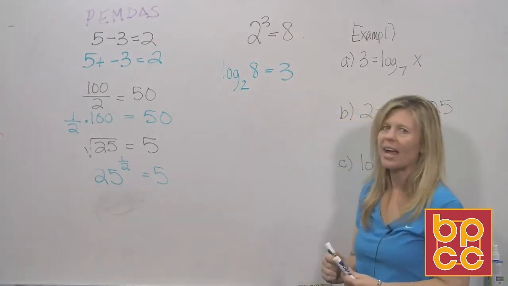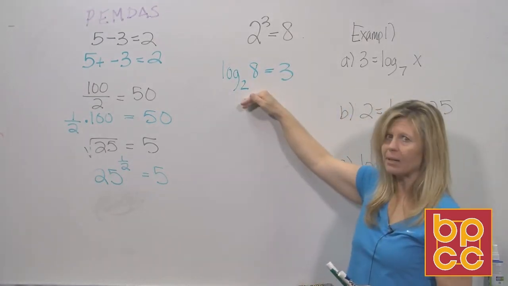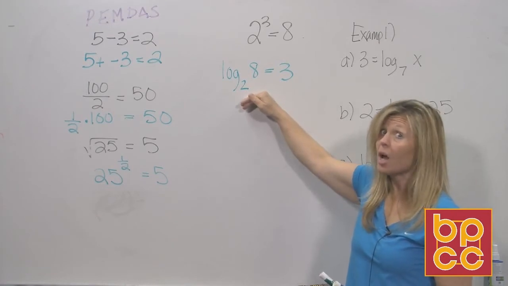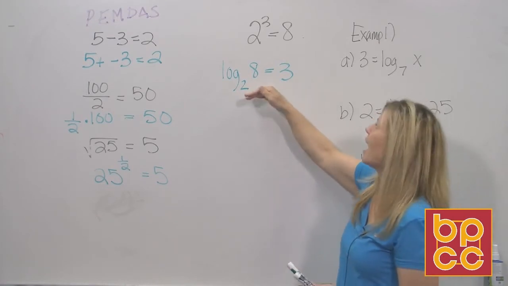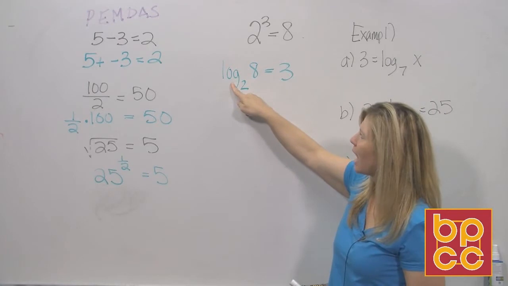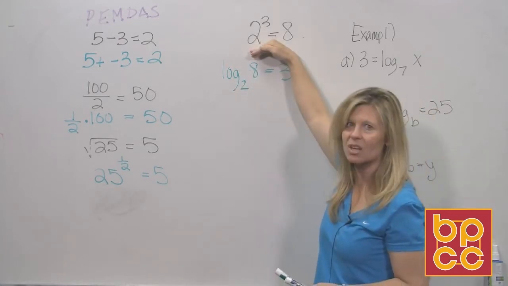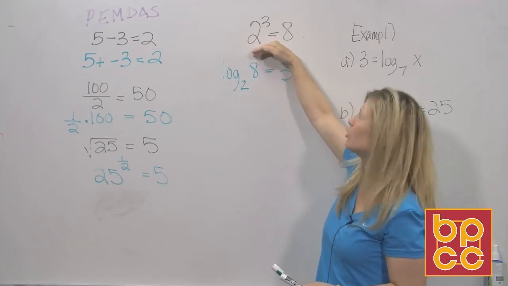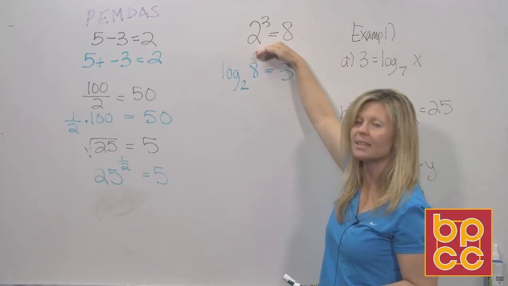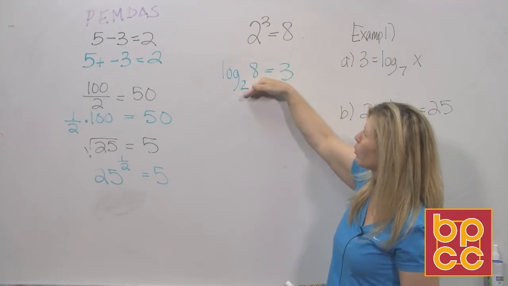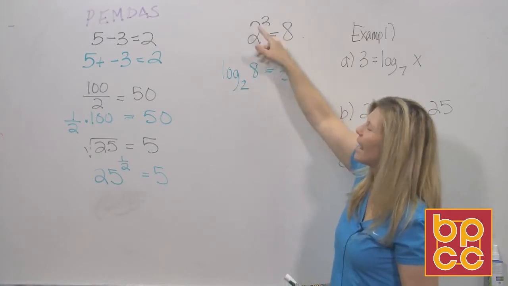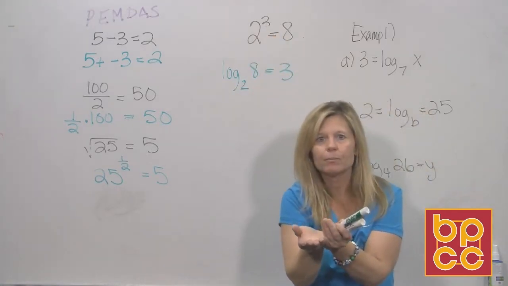Now I know what you're saying. I don't have a clue what that means. It's okay. What I want you to know right now is every equation that's written with the word log, we're going to be able to rewrite looking like this, an equation with an exponent. And don't you understand that? Yes. The reason why we can rewrite it is because logs and exponents go together.